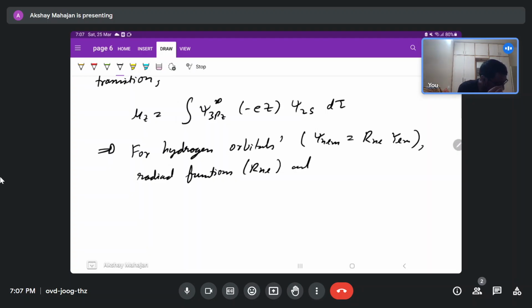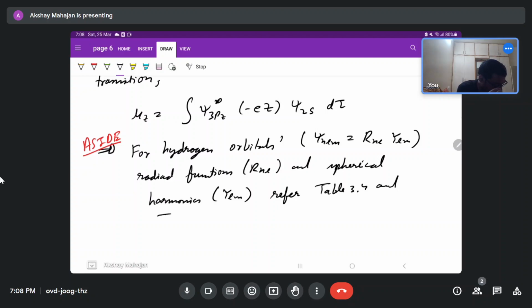Refer to table 3.4 and table 3.2 of the reference, chapter 3.